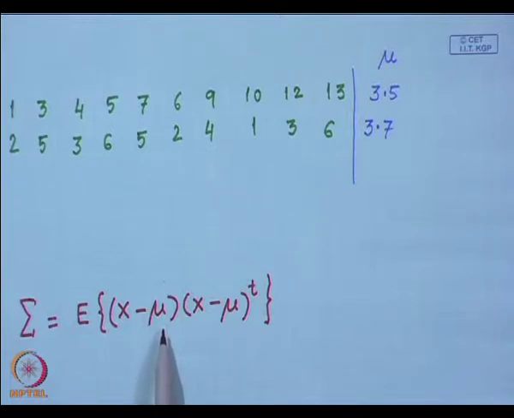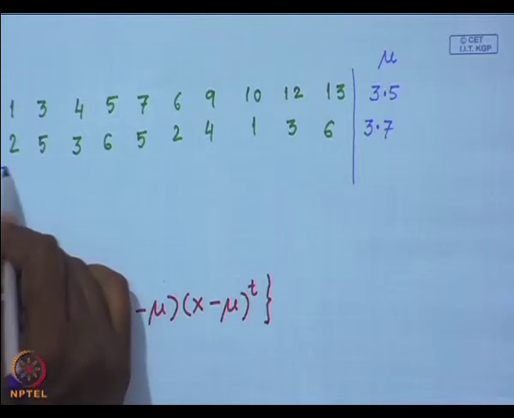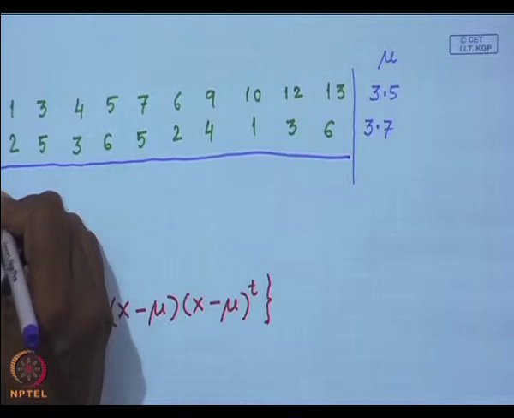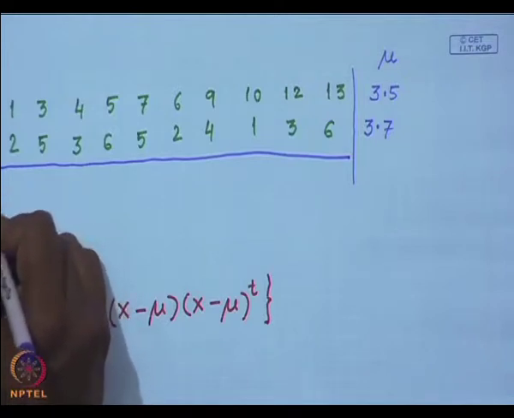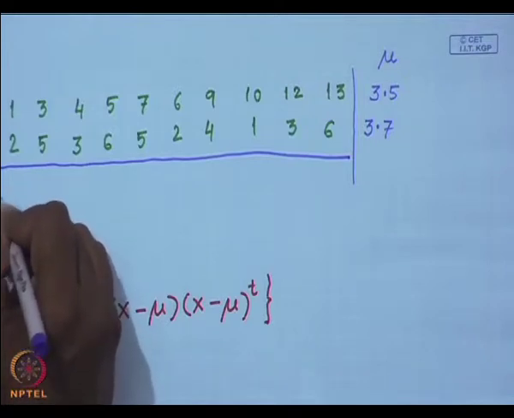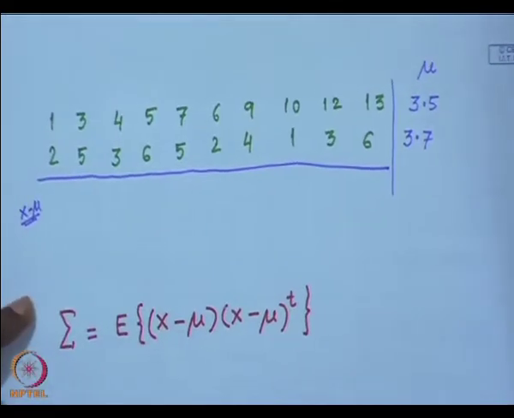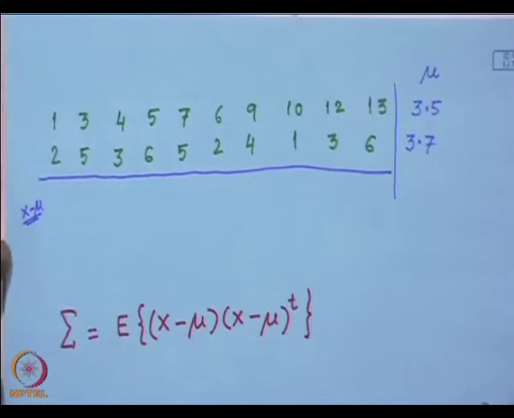So, when I subtract the mean vector from every feature vector, let me put here x minus mu for individual feature vectors. Okay.